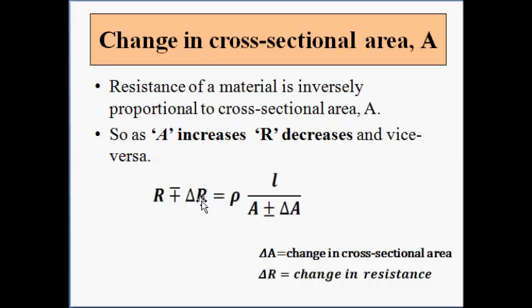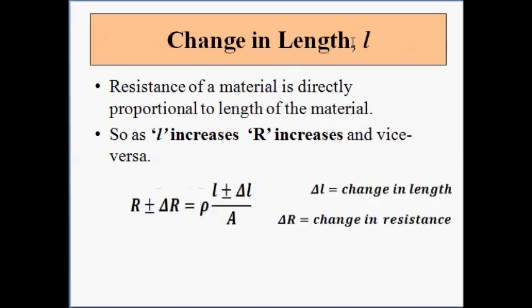And if there is a decrease in the cross-sectional area due to stretching or expansion of the material by a factor del A, there will be a corresponding increase in resistance by del R, denoted by the positive sign. There are two important things here. As length is directly proportional to R, the plus and minus signs are the same in both cases.